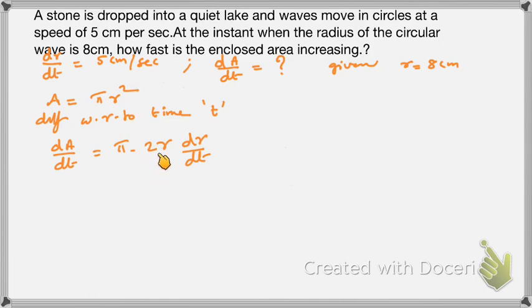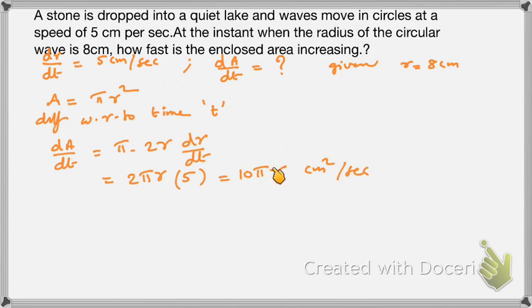Derivative of r square is 2r into dr by dt. Into this, I know the value of dr by dt, which is 5. I'm going to sub it in. So that's going to make it 2 pi r into 5, which is 10 pi r centimeters square per second, because this is the rate of change of area.